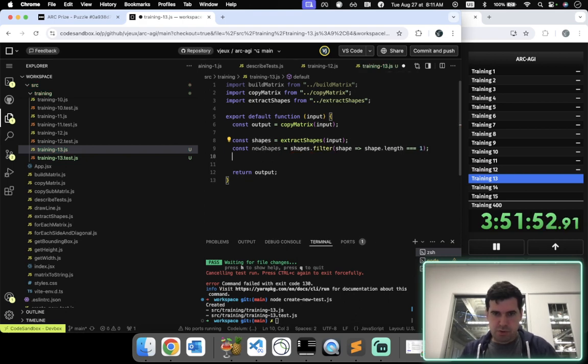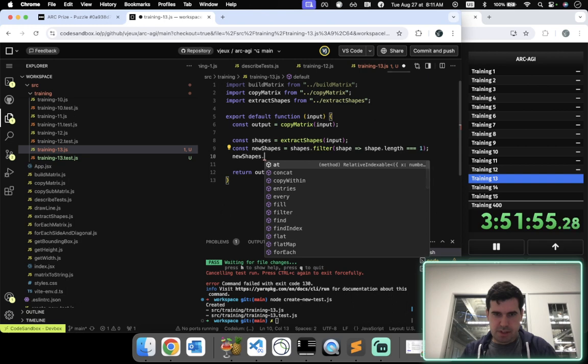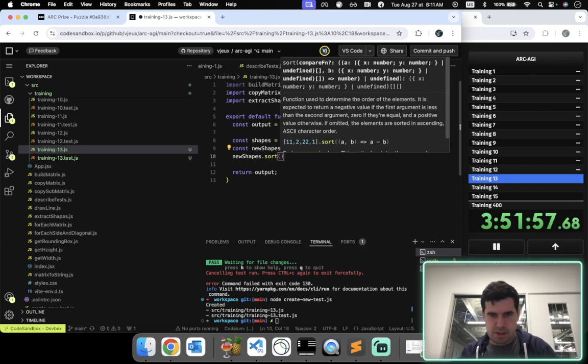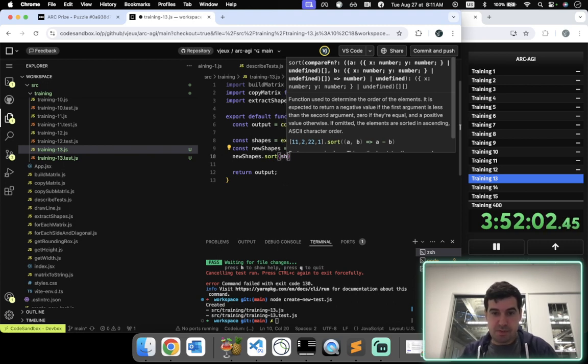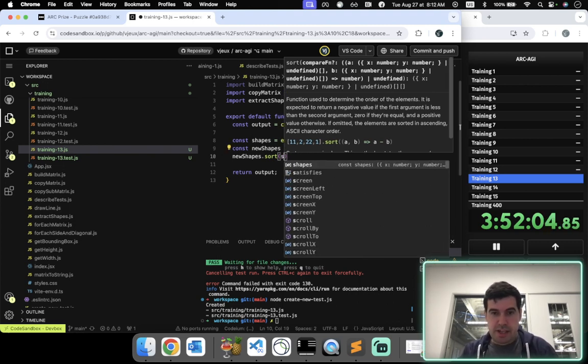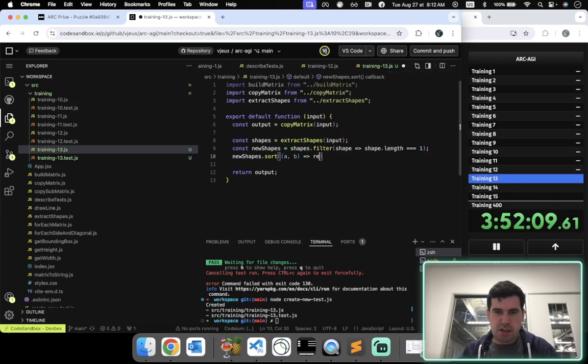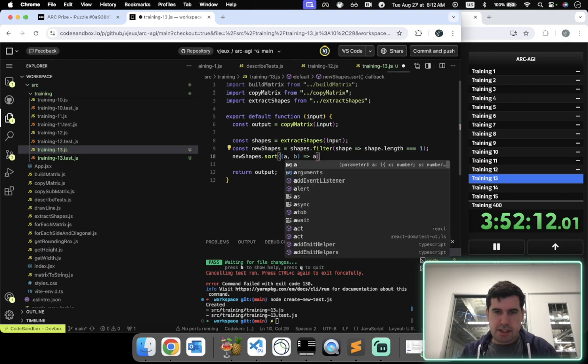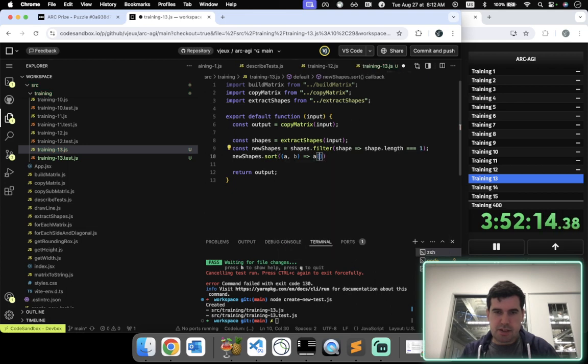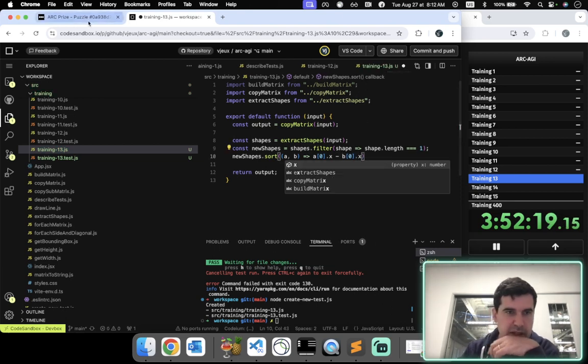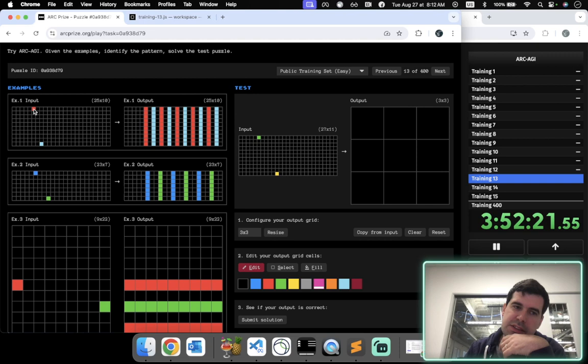And so we want to sort the shapes, so A and B. And so we want A dot 0 dot x minus b dot 0 dot x. So I think the shape is an array of all of the points. So in this case, there's only one point, so we can do 0.